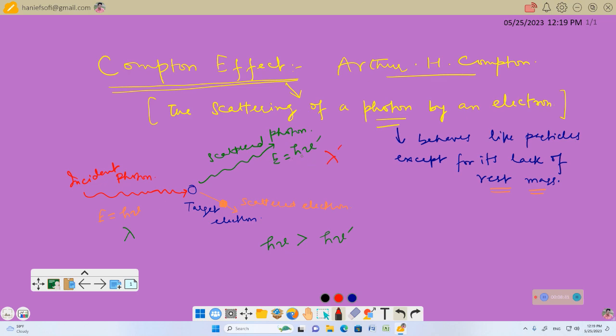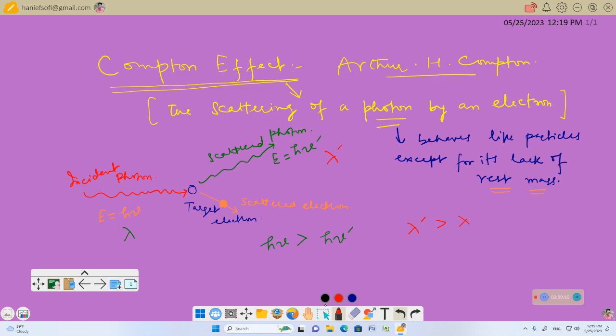Nu is greater than nu prime, but lambda will be less than lambda prime. That means lambda prime is greater than lambda. That means scattered photon's frequency is smaller, but scattered photon's wavelength will be greater than the wavelength of incident photon.